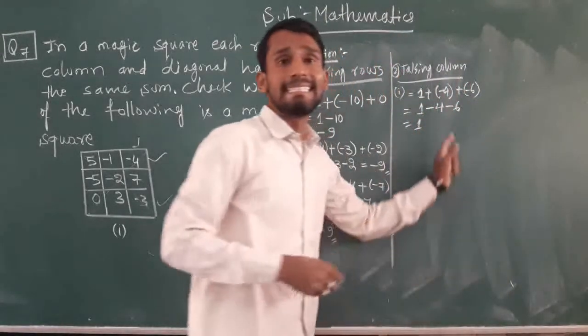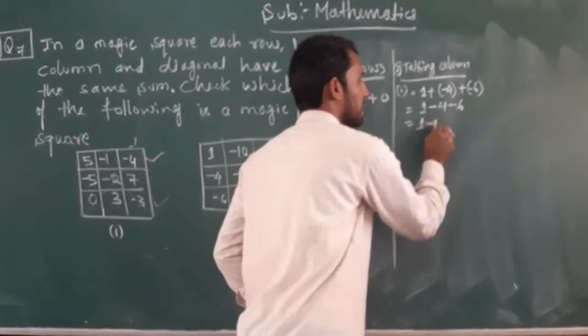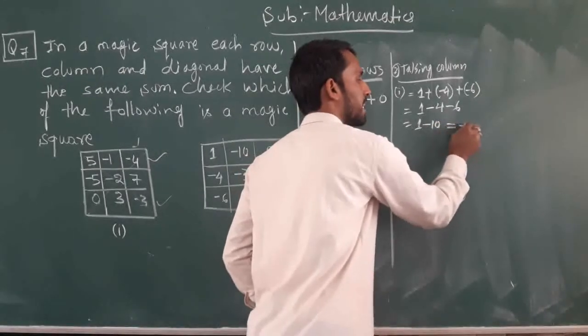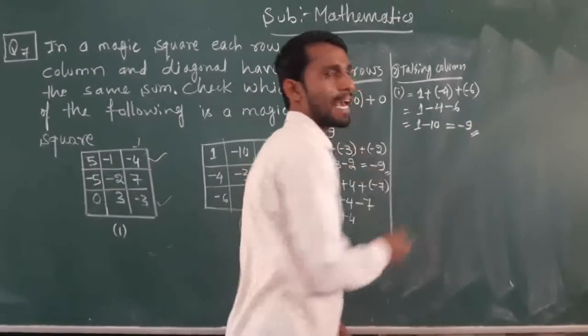When we add negative integers, we get minus 10. When we do subtraction, again we get minus 9 as the answer.